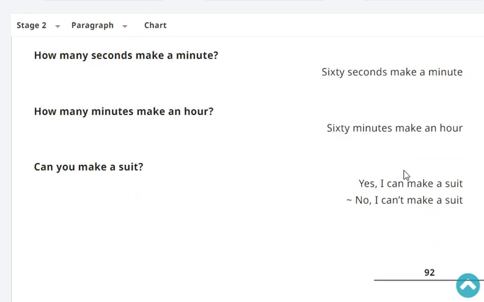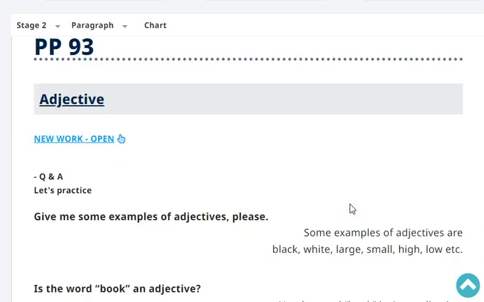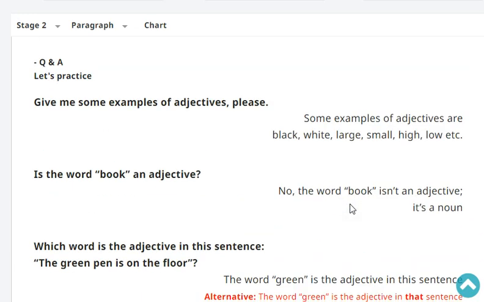Yes or no? No, I can't make a suit. Very good. Give me some examples of adjectives, please. Examples of adjectives are black, white, large, small, high, low, etc. Very good.